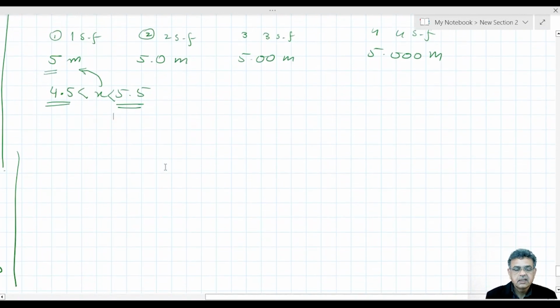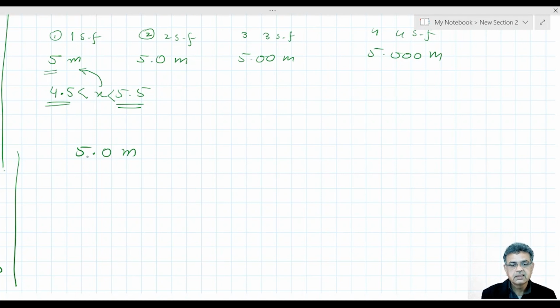Okay. Now if it is 5.0 meter, its precision is correct to 1 decimal place. If we consider meters in centimeters, there are 100 centimeters, so this is correct to 10 centimeters. 1/10 of a meter is 10 centimeters.